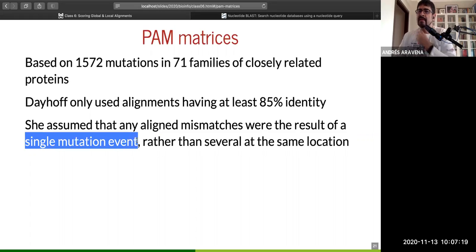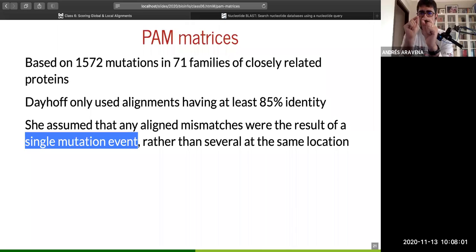The basic problem here is that if you see, let's say, leucine and phenylalanine, you are comparing two proteins, and they are identical except in one amino acid. In one case you have leucine, and in the other you have phenylalanine, for example. What they have assumed is that if the sequences are very, very similar, a single mutation happened in one step.